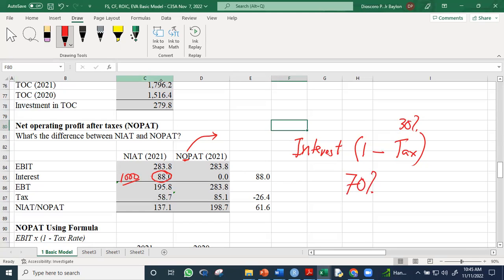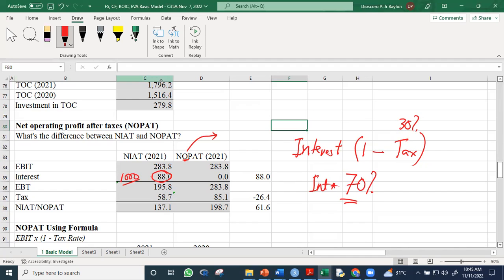The difference of NOPAT and NIAT will be 70% of the interest, assuming the tax rate is 30%. So the other 30% will go to tax savings for the use of the interest.